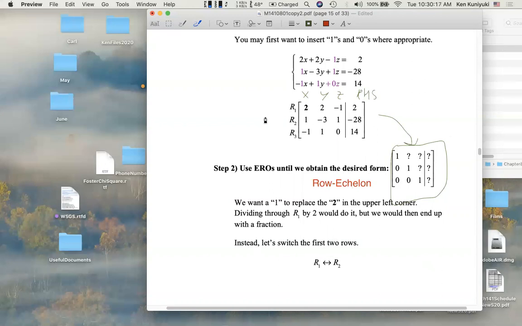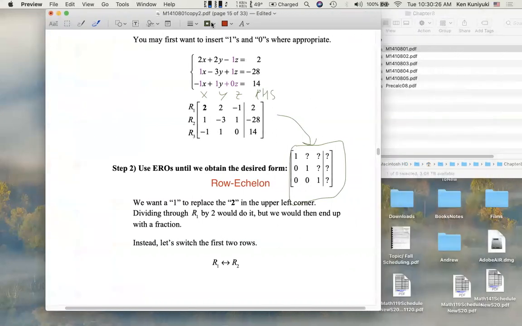So first off, we want a 1 in the upper left position. We want the 2 to become a 1.